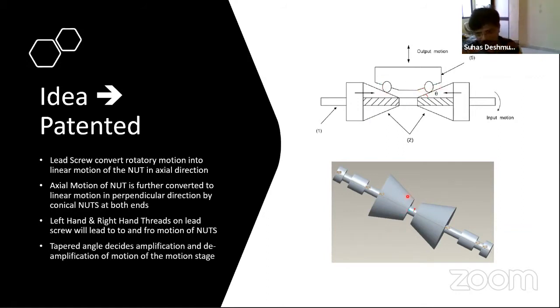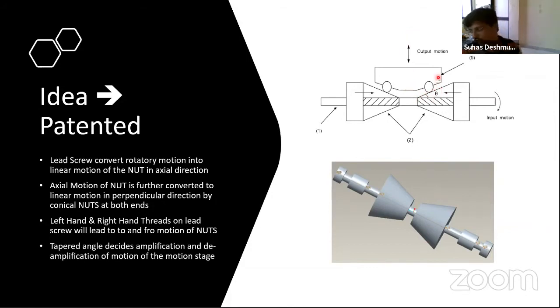Later I can provide an appropriate friction-free surface, like a roll-on coating, and I can get lesser and lesser, almost zero, friction. Whenever you rotate this, the output motion depends on the angle theta.